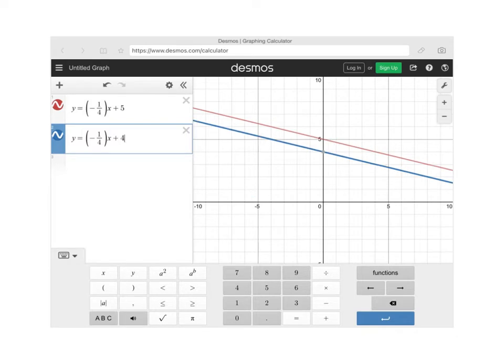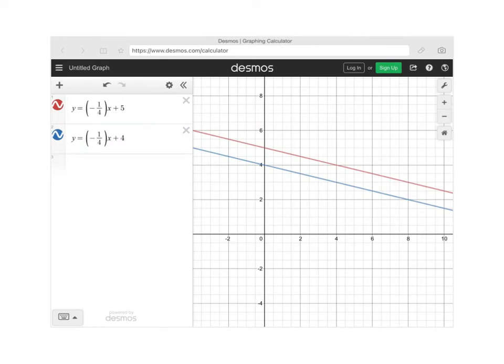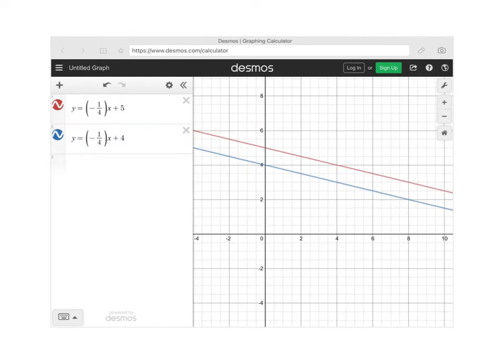So you can see the two lines when they're graphed, they are parallel. They have different y-intercepts. There you go.